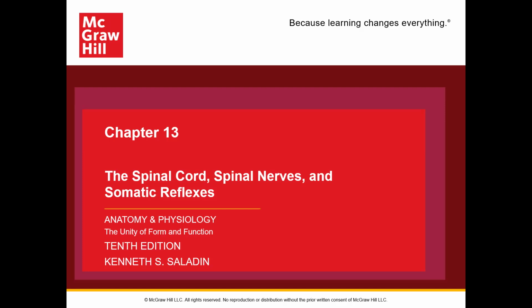And when you get an input signal that will be processed in the control center and integrated, this input signal is carried by an afferent neuron, bringing in sensory information from a receptor.